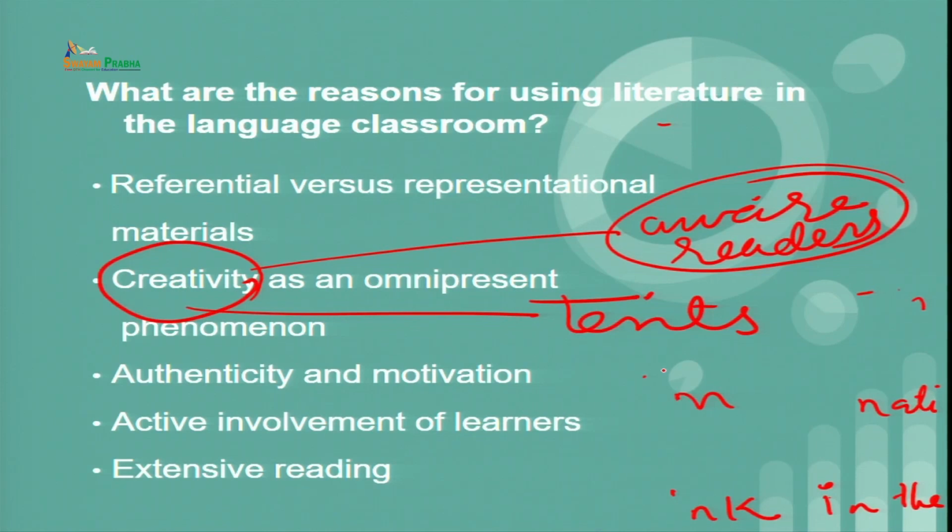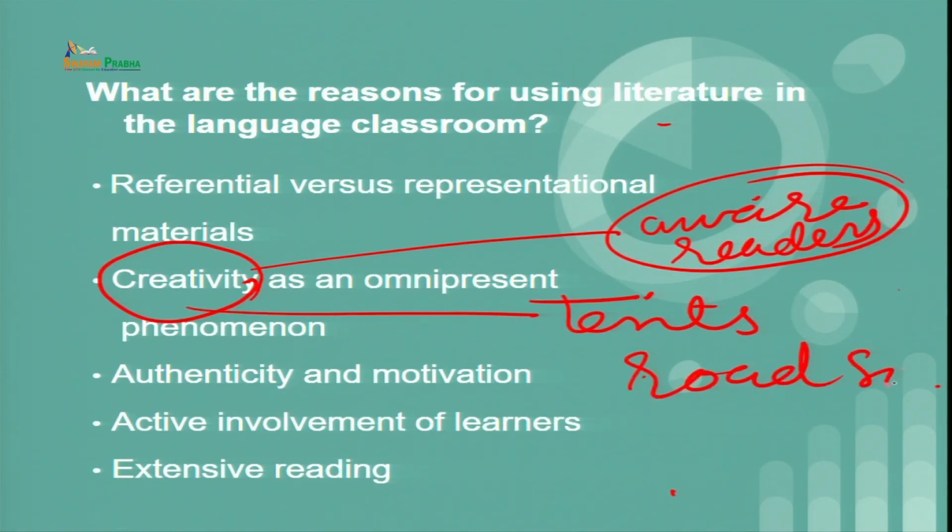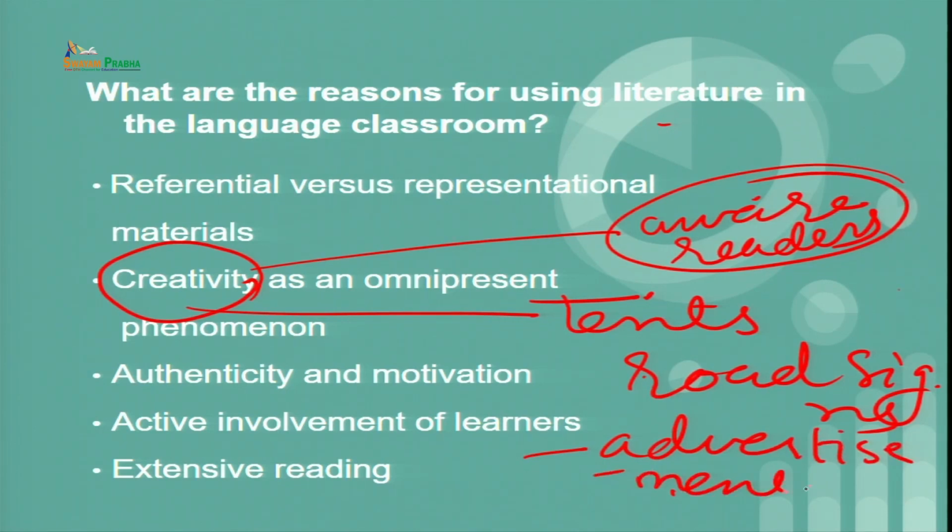For example, creativity is reflected in road signs, such as traffic lights, or in advertisements, sometimes newspaper articles and headlines, and even shop and business names, and we see notices, menus, etc. However, foreign language learners are often not able to get the meaning of these, so they find difficulty understanding them. But if they are exposed to representational material from the initial stage, they will be in a position to comprehend such signs and advertisements and so on.